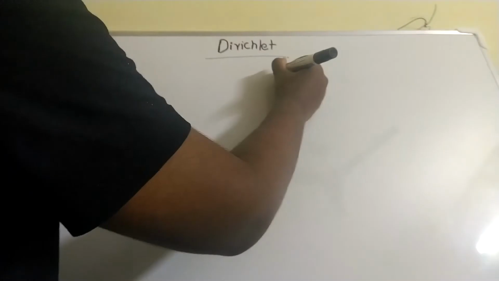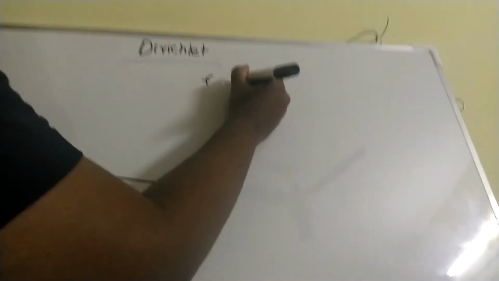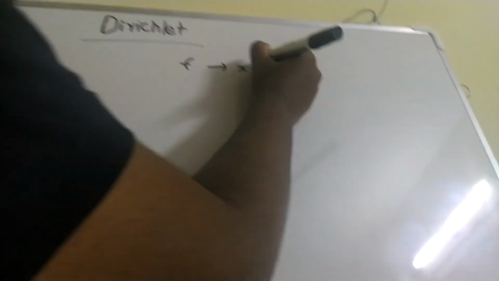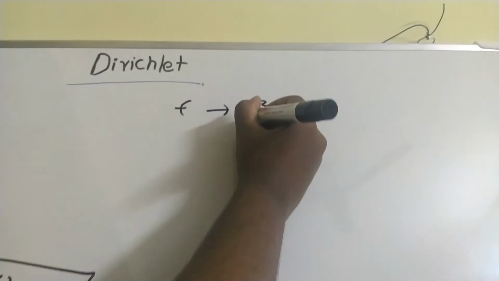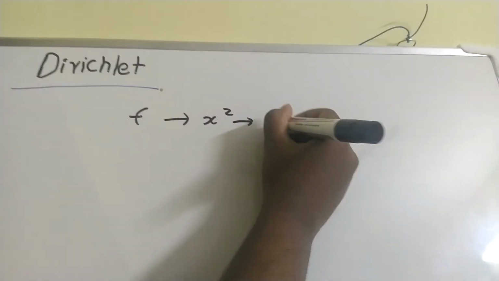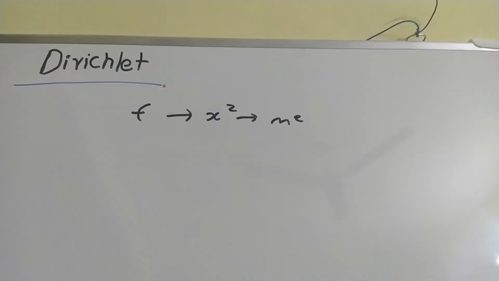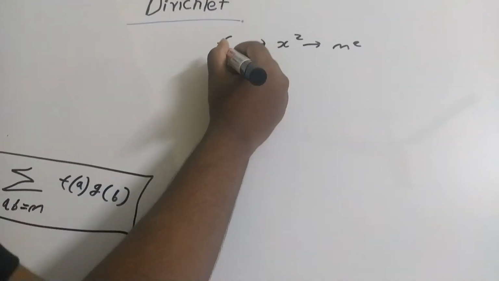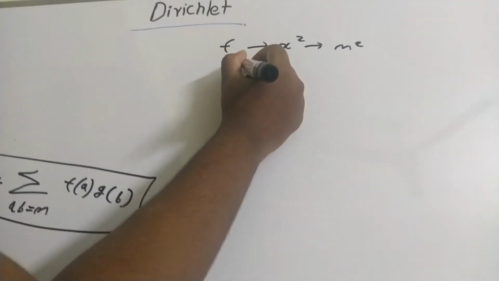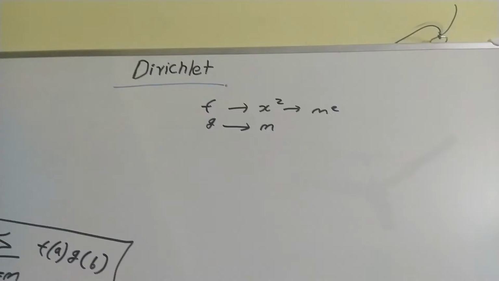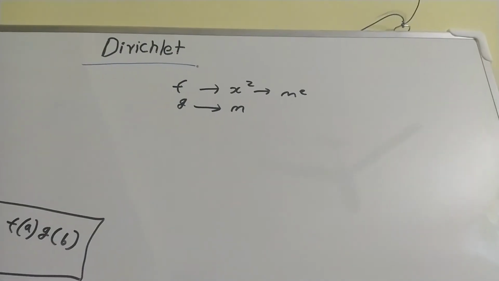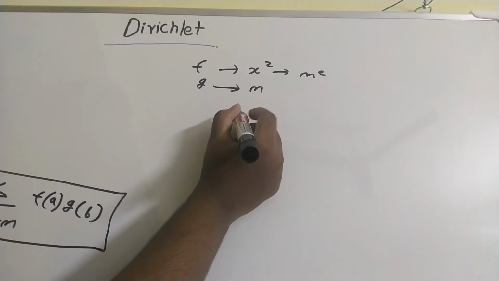Now let f be x square, actually written as n square is better because we are going to deal with natural numbers, and g is going to be, for simplicity's sake, n. Okay, how do you define the product?